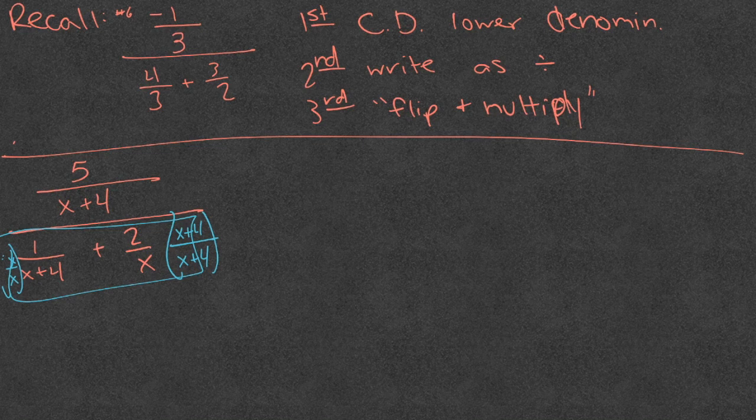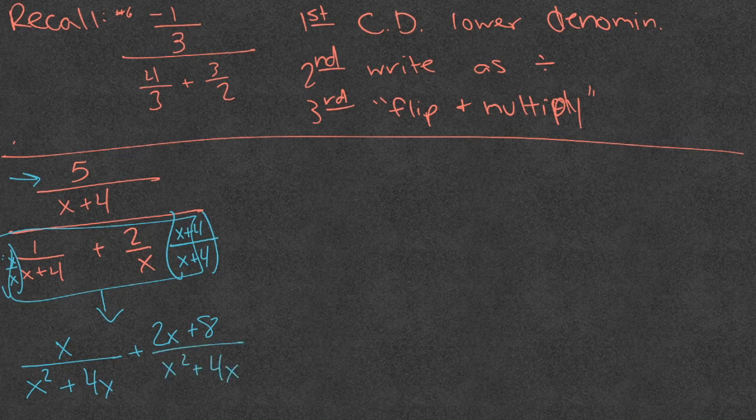So what I have, I'm just going to pull this out. We'll come back to the 5 over x plus 4 in a second. I have x over x squared plus 4x plus 2x plus 8 over x squared plus 4x. Now we can put this together, and that gives us 3x plus 8 over x squared plus 4x.